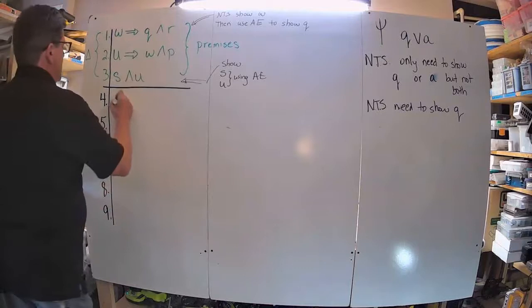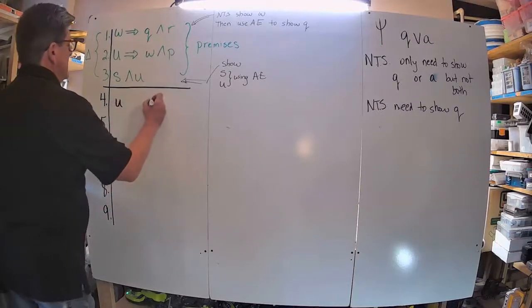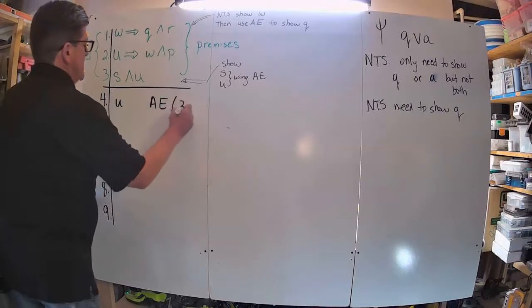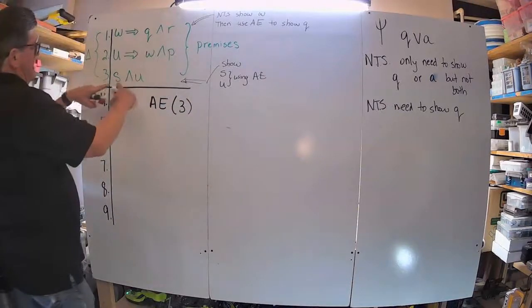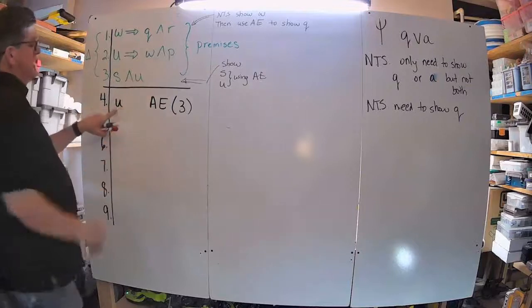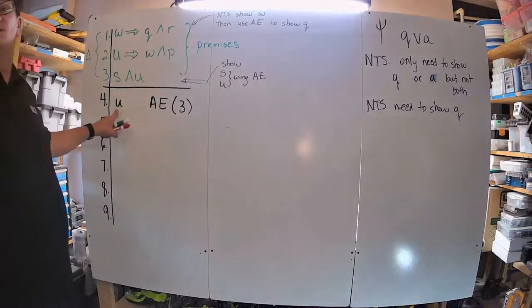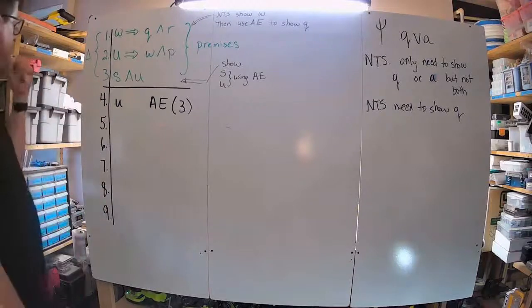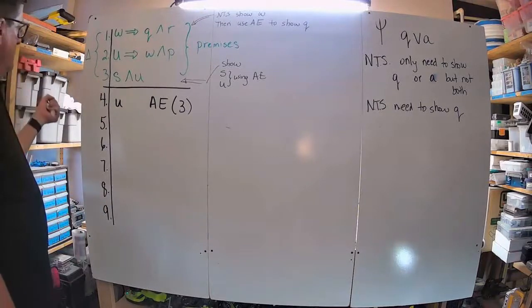I'm going to say that I know that U is true, and that's from and elimination, step 3. You see right here, if S and U are true, then I know U is true, because the only way for the conjunction to be true is if both of the propositions are true. Oh, so what does that get me?